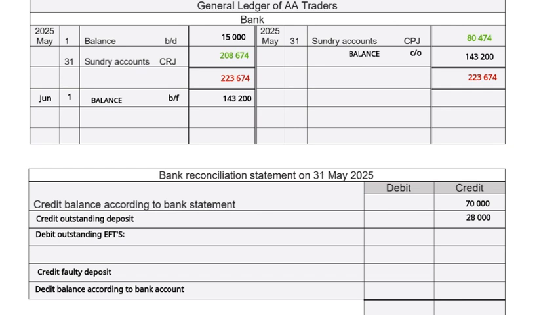So because the amount in the cash receipts journal is correct, we do not fix that in our cash receipts journal, but we have to fix the error in our bank reconciliation statement. We are going to say credit faulty deposit, and we're going to take the difference, which is 56,000 minus 5,600 to give us 50,400.